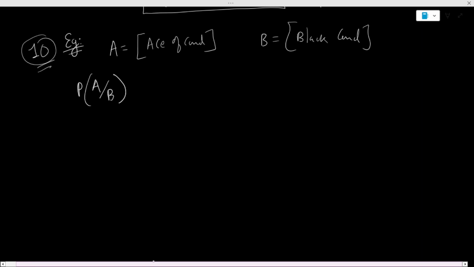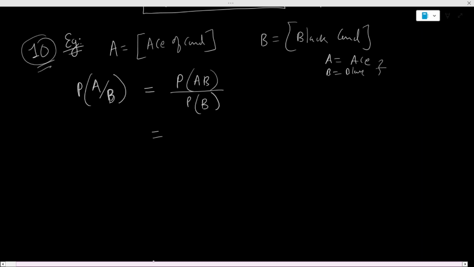So our probability of getting an ace is conditioned on this information that we have already acquired, the black card. If we apply the formula that we have just learned, this is equal to probability of AB divided by probability of B. Here A is the card of aces, and B is black. We have already told you these are the two events.